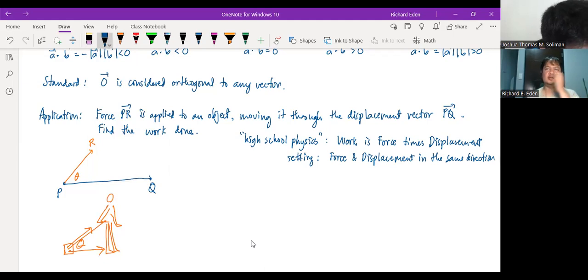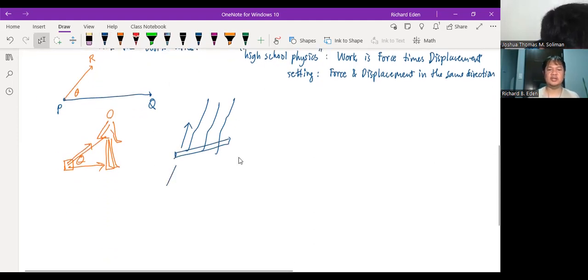Okay. Another situation that I'm able to think of is you have a water current, and so anything in the water is being pushed that way. But let's say you have a tube here, which is inclined. Water is flowing in that direction, and there's an object there.